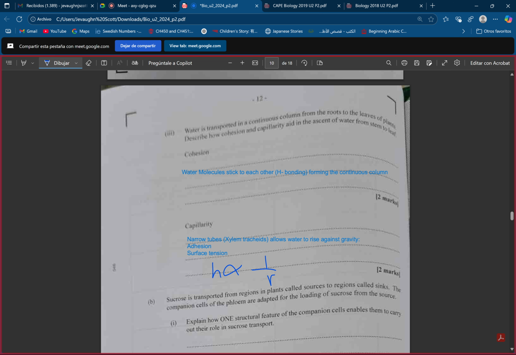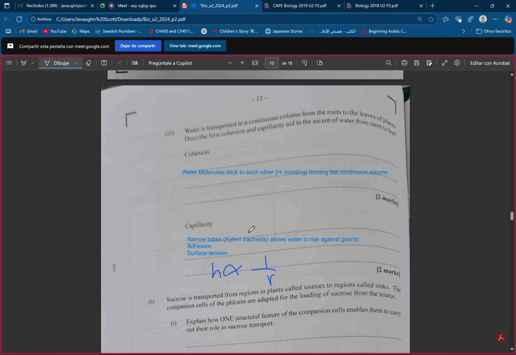So the narrower the xylem, the greater the height the water can travel. This is truly what capillarity is. Capillarity is this expression that height is inversely proportional to radius. So that allows for the water to move against gravity up the plant.